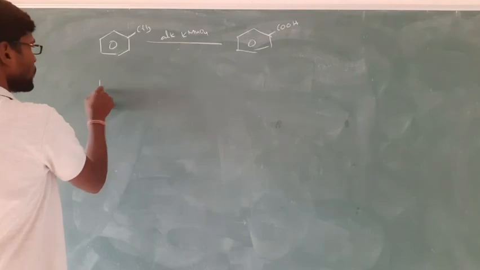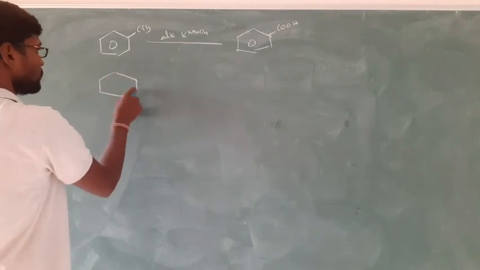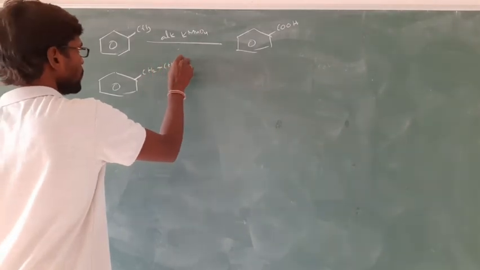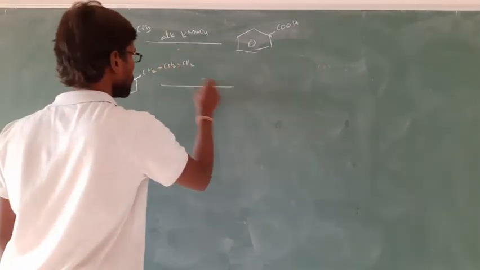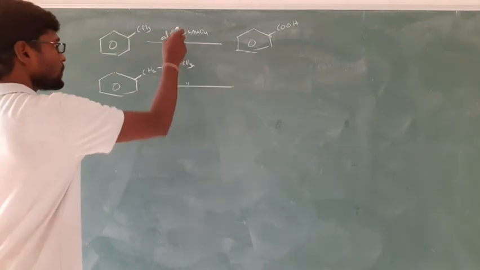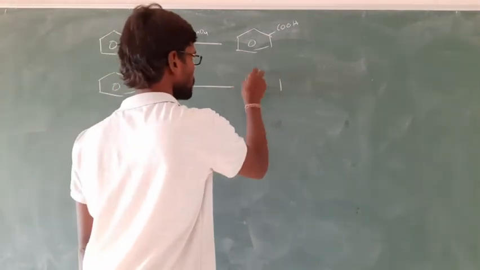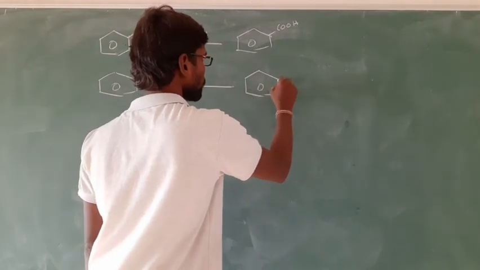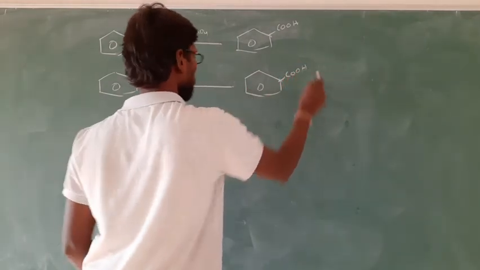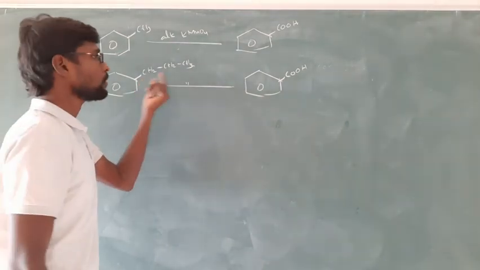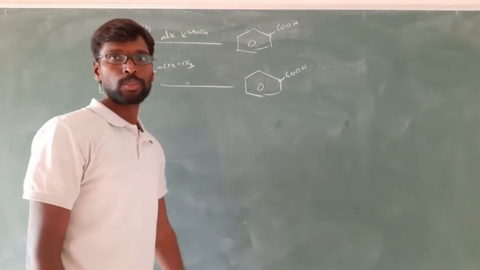And if you take more than one carbon, here I am taking 3 carbons, CH2, CH2, CH3, whatever you take, by using alkaline KMnO4 the product is benzoic acid. That means the first carbon which is attached to the benzene ring will only convert into the COOH group.